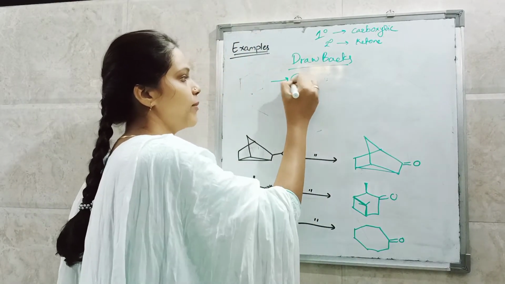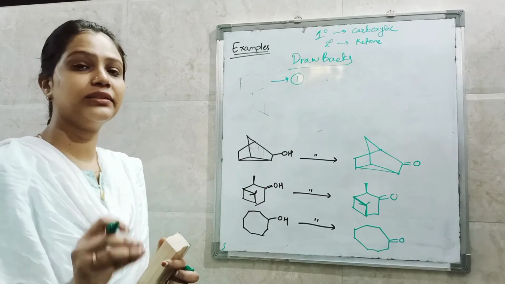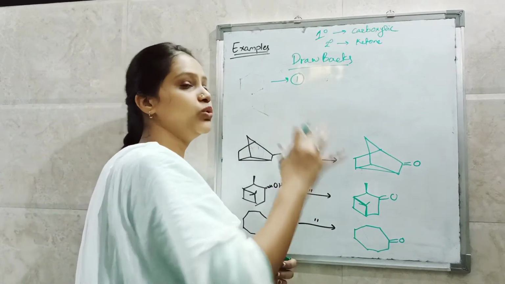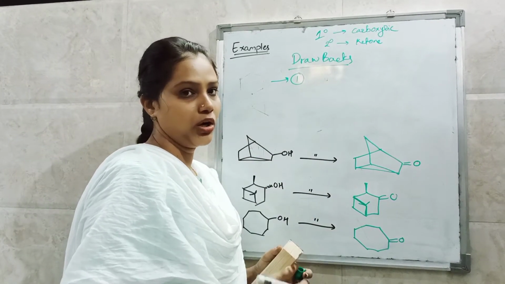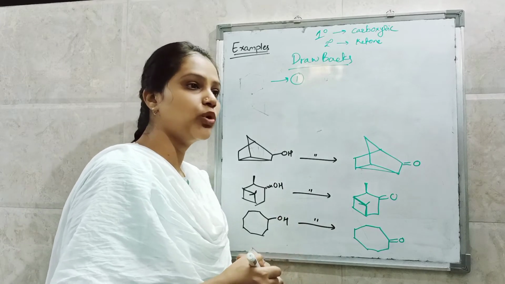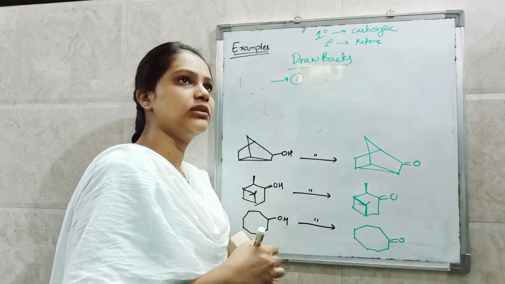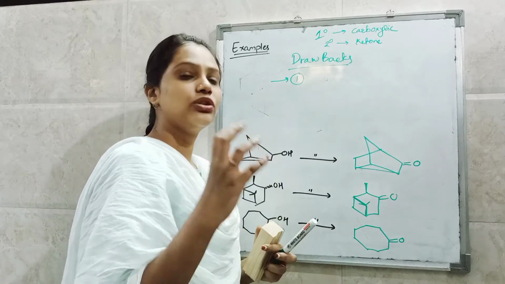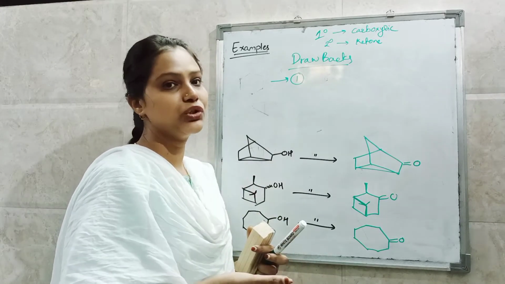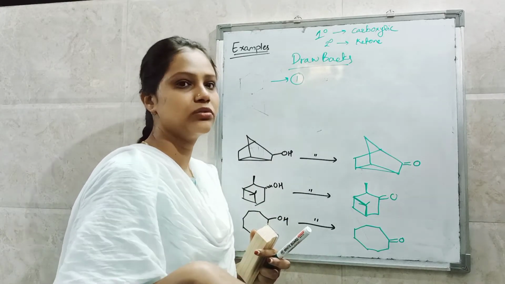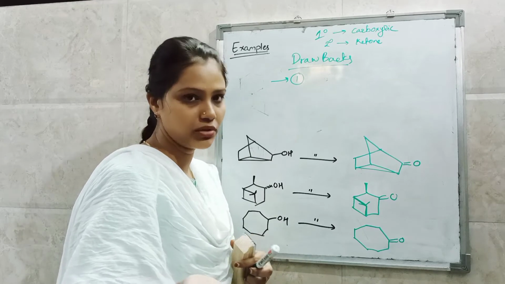So the first drawback is that an acid-sensitive group cannot be oxidized by using Jones reagent. Suppose in your molecule acid-sensitive groups are there, so you cannot oxidize by using Jones reagent, because that group is also affected and that conversion also takes place, right?